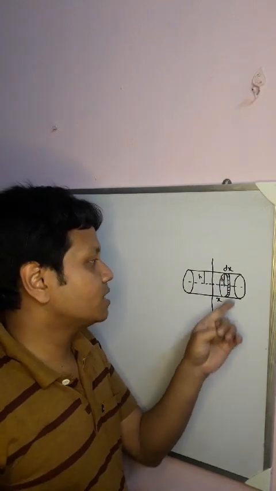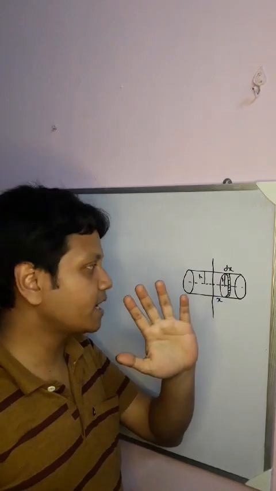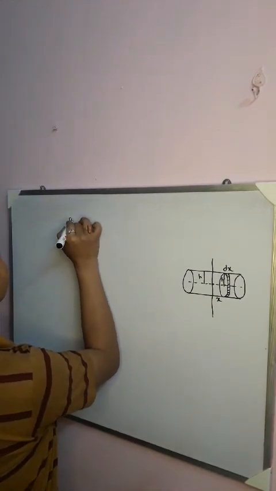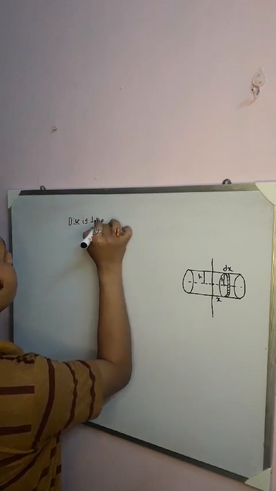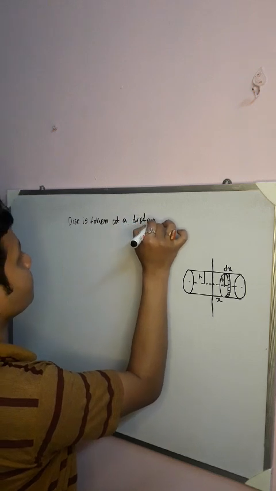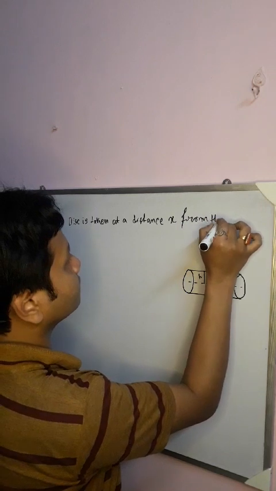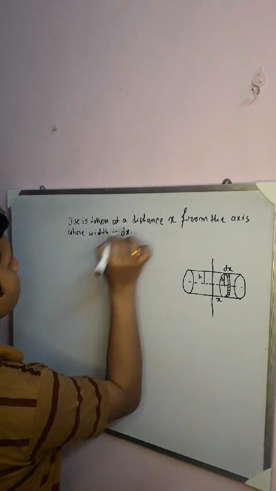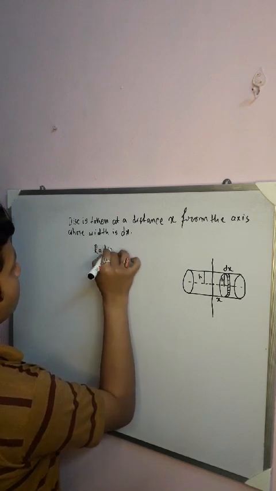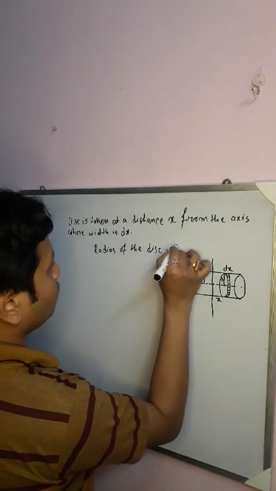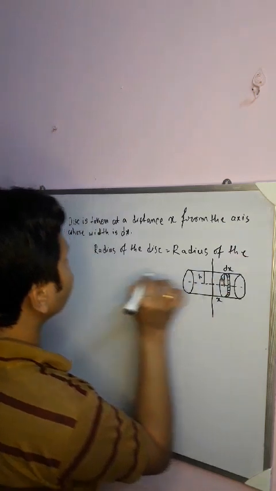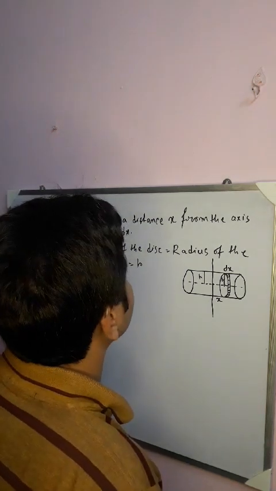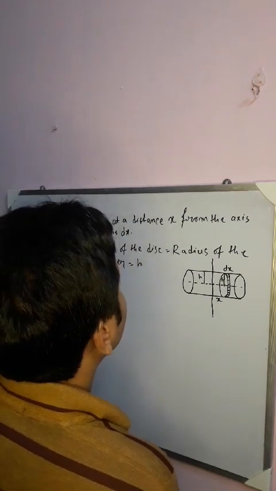Just look, we choose the disc at a distance x from the axis with width dx, and the radius of the disc is equal to the radius of the cylinder, r.